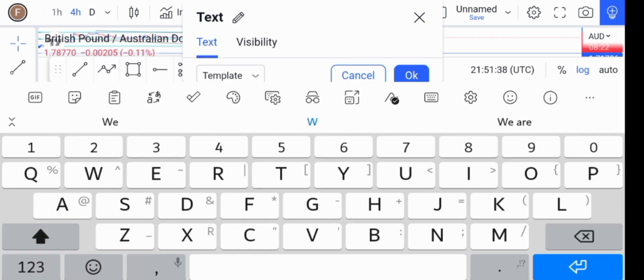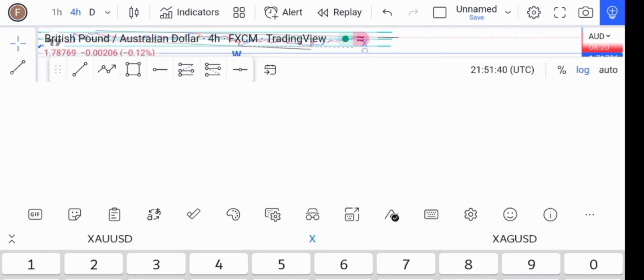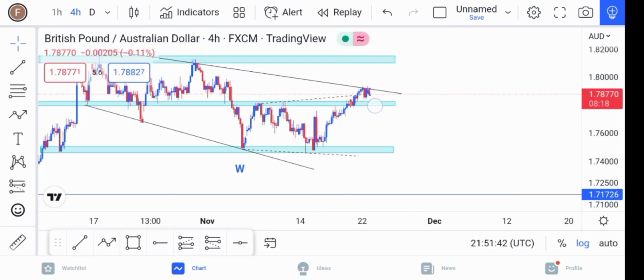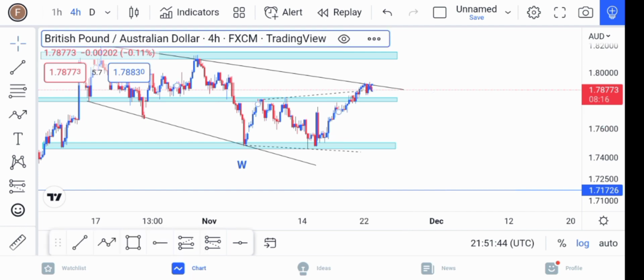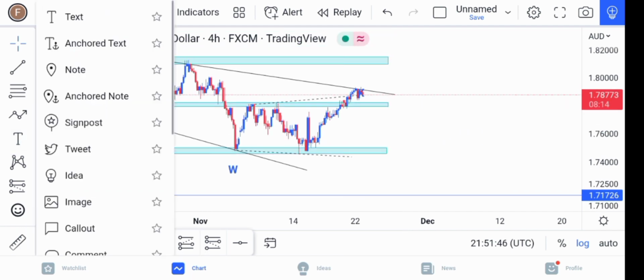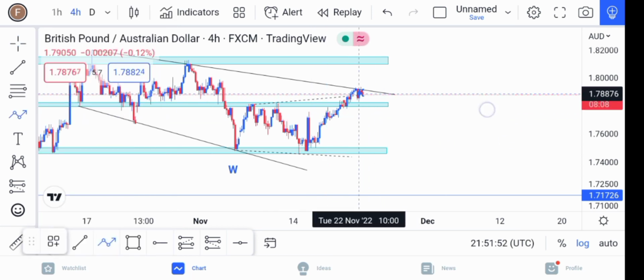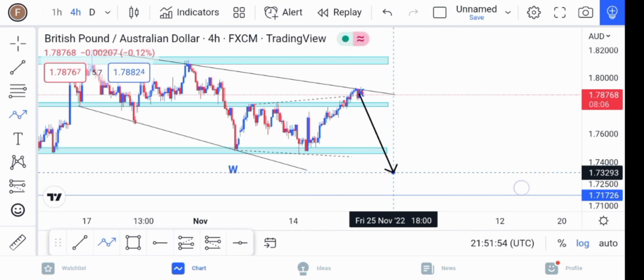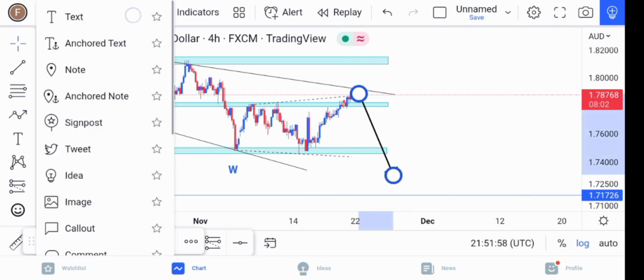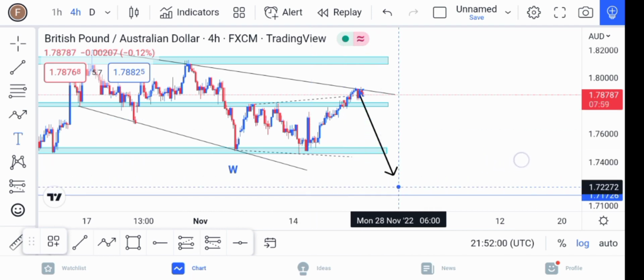This is our X right over there. Okay, I'll arrange it later, and then we could anticipate a push to the lower side up until right over here at least, which will be our Y, if I'm not mistaken.